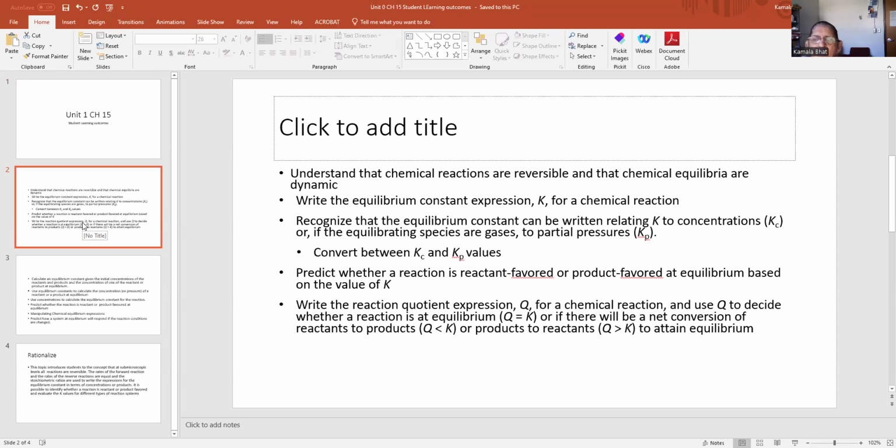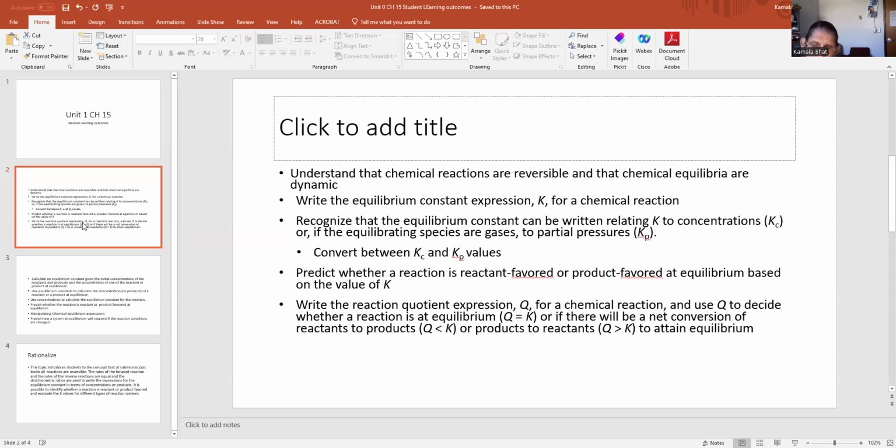At that time, we wrote that the rate of the forward reaction is equal to the specific rate of the forward reaction times the product of the concentration of the reactant raised to its stoichiometric mole exponent. Now, the same concept we are going to use and apply to any type of chemical reaction.